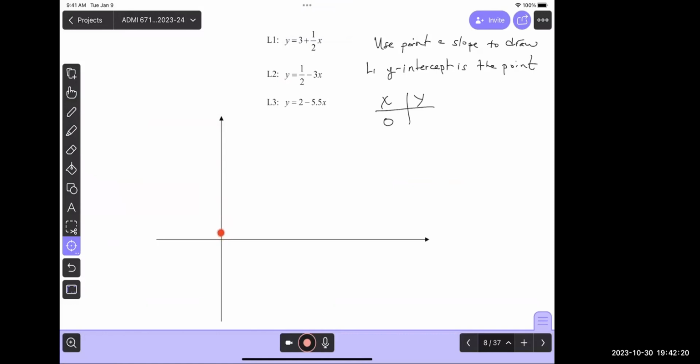So it's a line, so it will cross y eventually. So where x is 0 over here, if this is 0, what is y?